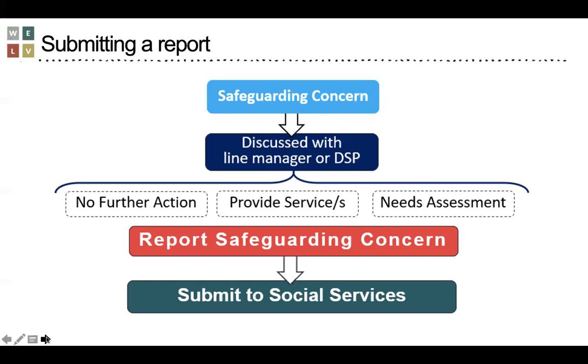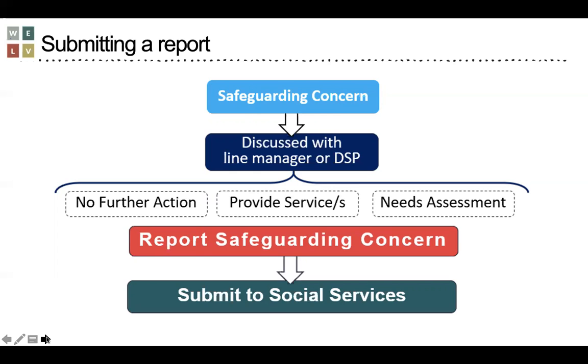We had the options of either no further action or providing services internally within the organisation in response to that concern. We had the option of making a referral to social services for a care and support needs assessment of the individual. And we had the option of reporting our safeguarding concern and submitting this to social services.